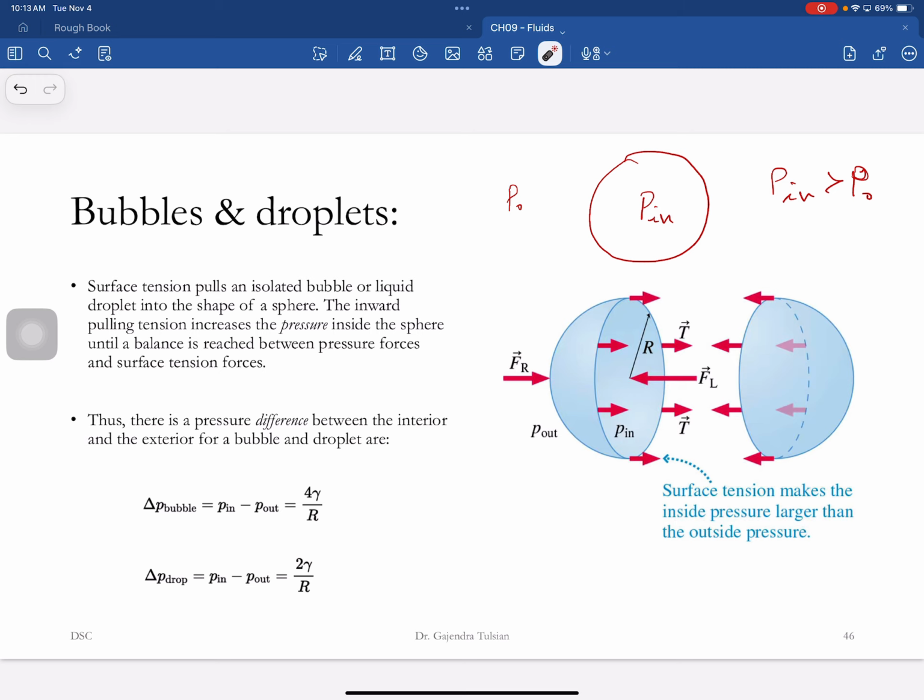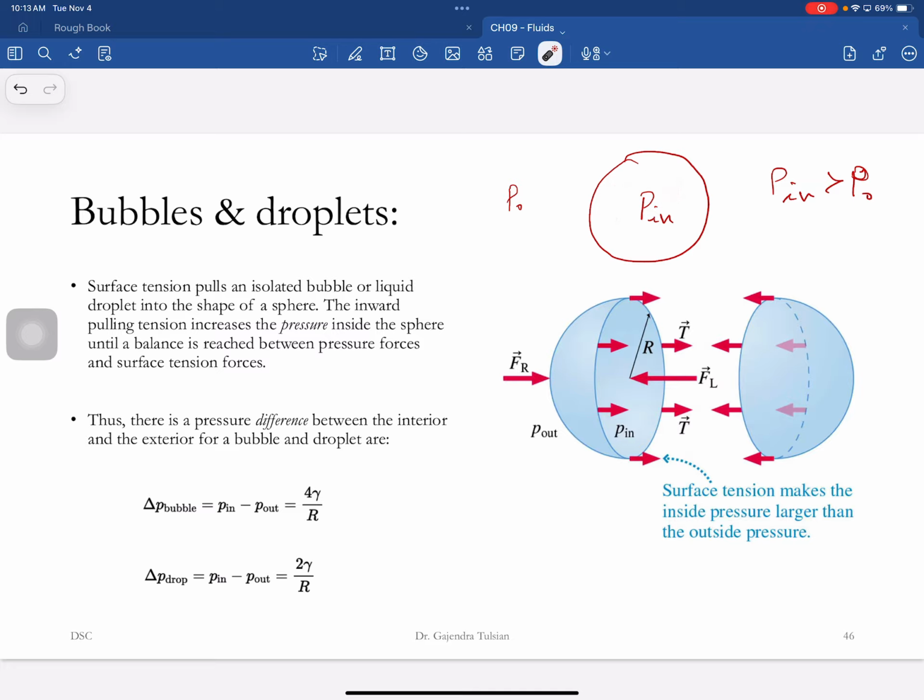For instance, when you blow a balloon, the pressure inside the balloon is greater than the outside pressure. Because of the surface tension of the balloon, this pressure has to be greater.